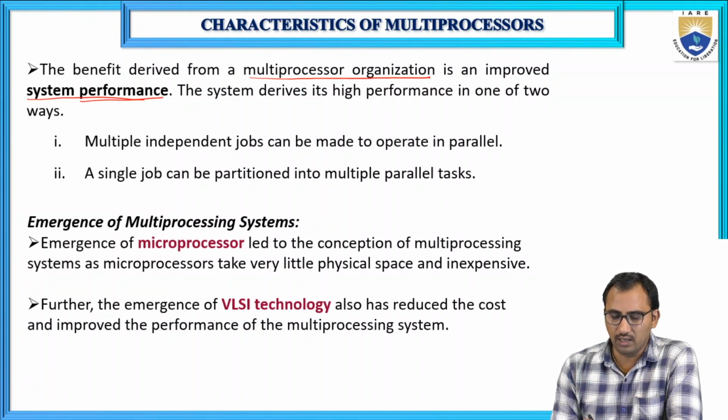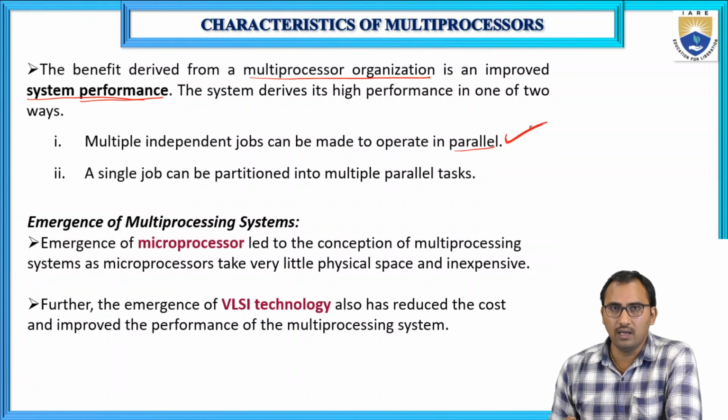The first way is that multiple independent jobs can be made to operate in parallel, so that all those jobs will be completed in a lesser span of time. So that is one way.